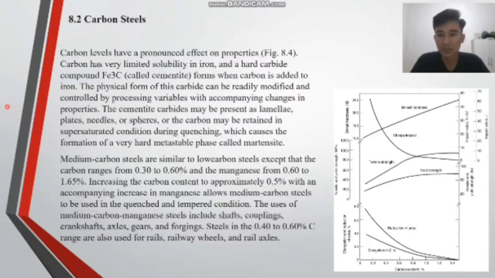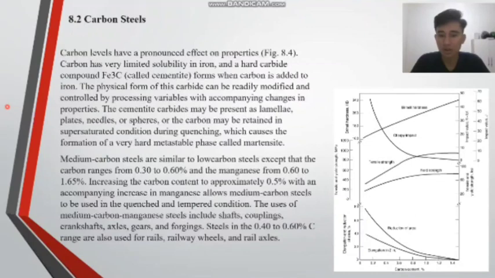Medium carbon steels are similar to low carbon steels, except that the carbon ranges from 0.30 to 0.60% and the manganese from 0.60 to 1.65%. Increasing the carbon content to approximately 0.5%, with an accompanying increase in martensite, allows medium carbon steels to be used in the quench and tempered condition.